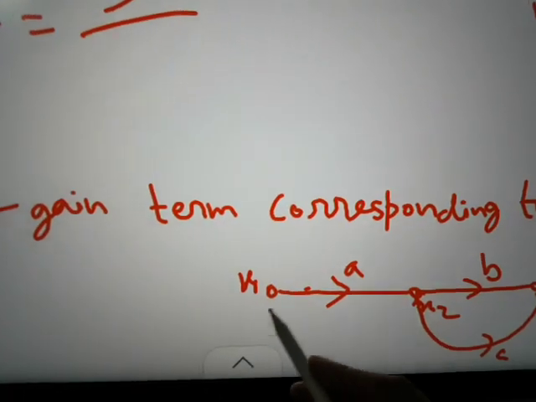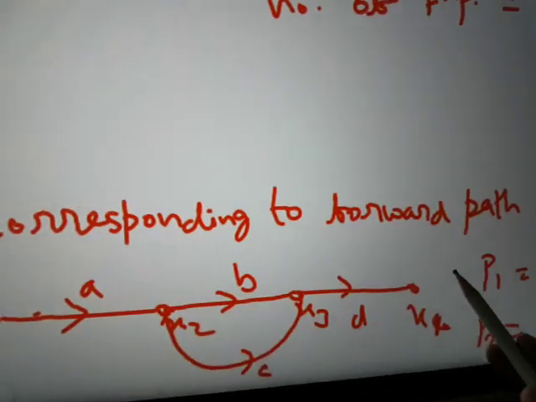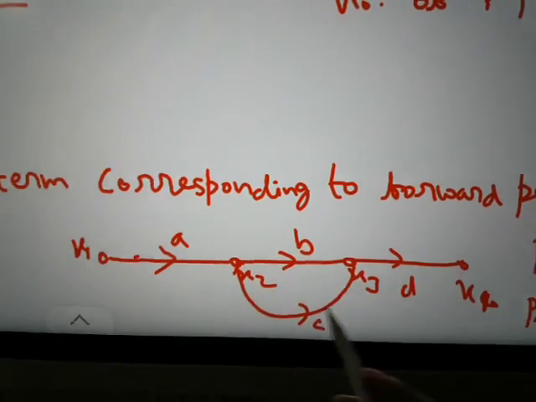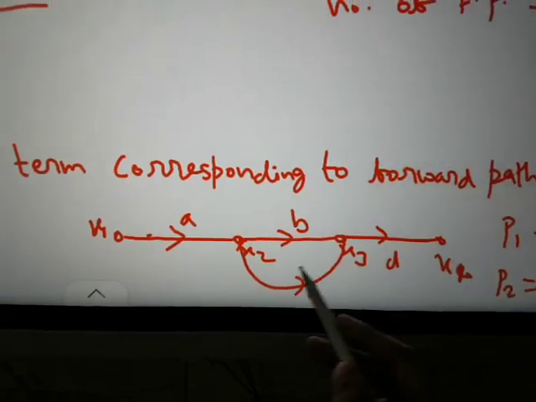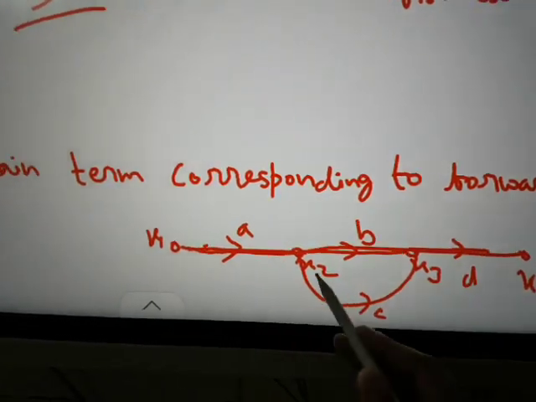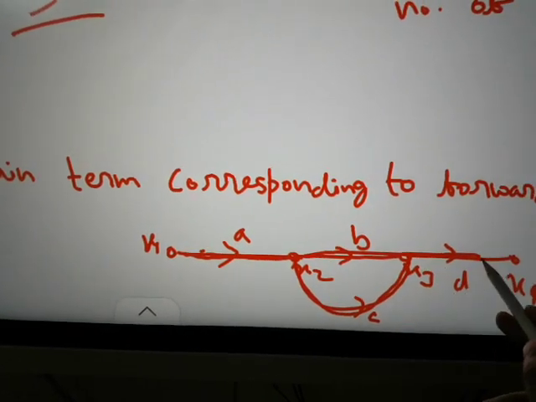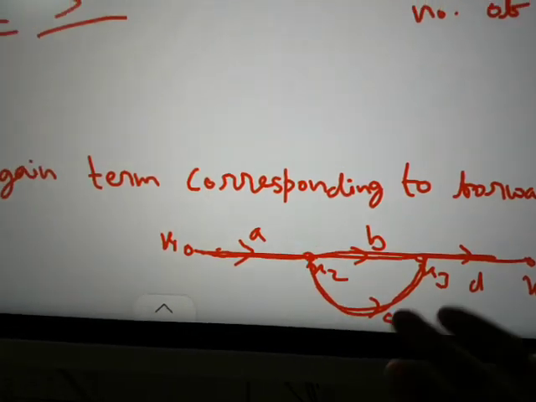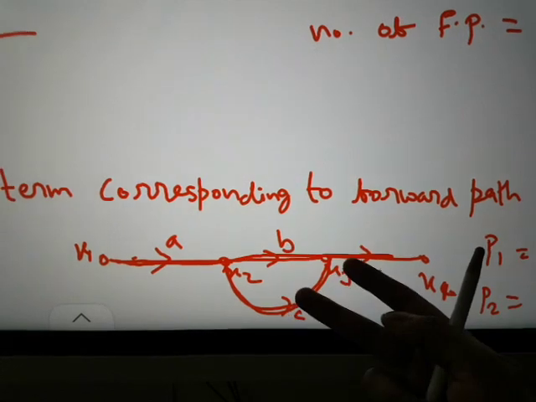This is x1, the source node, and x4 is the sink node. From source to sink node we have two paths. One path is this, and another path is this. So we have two forward paths for this example.